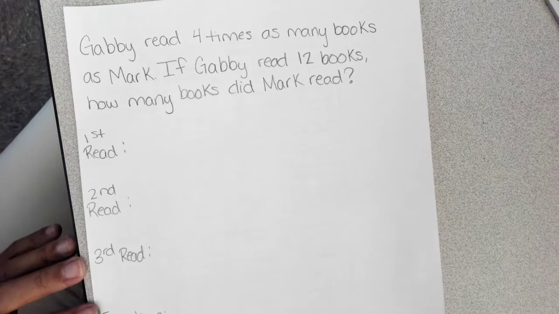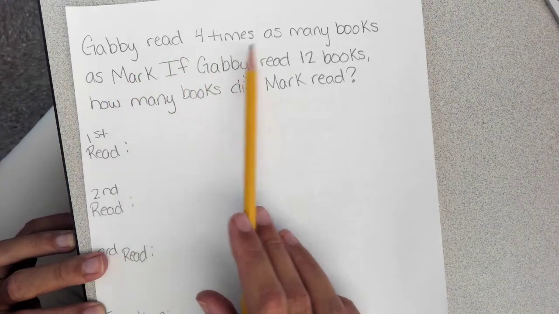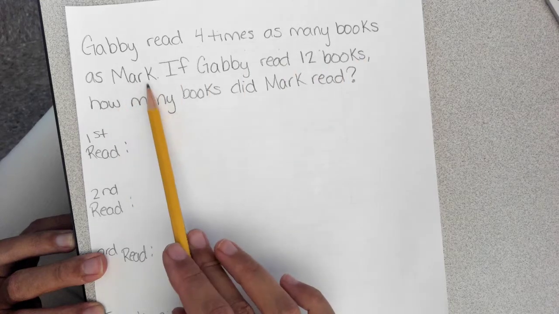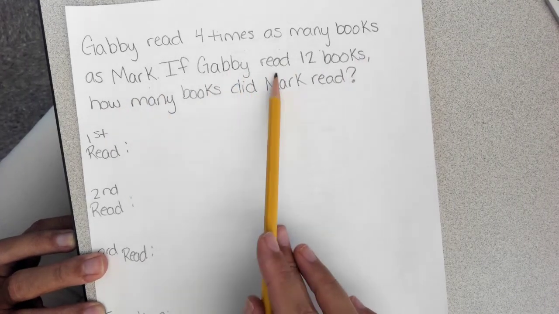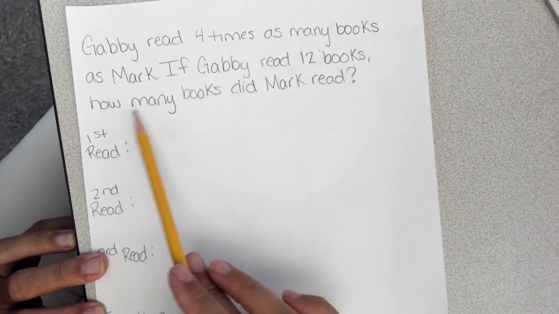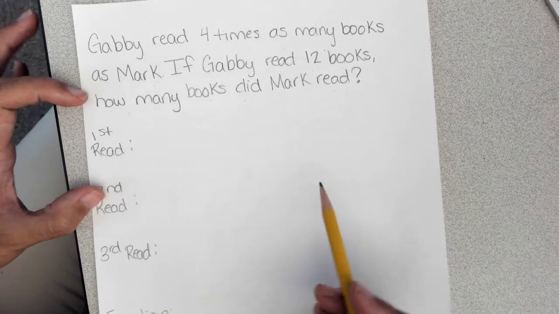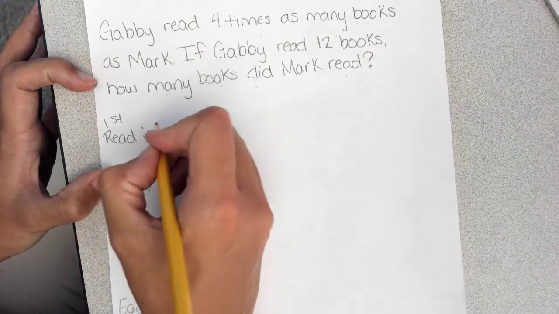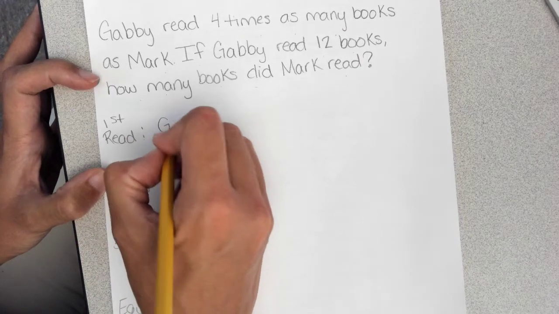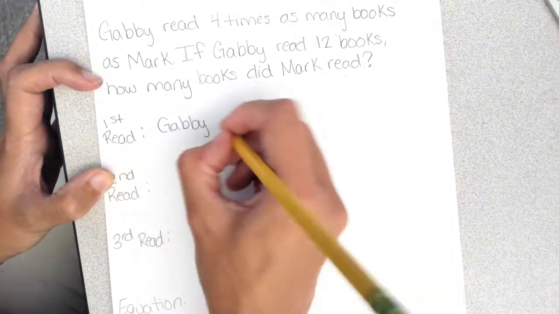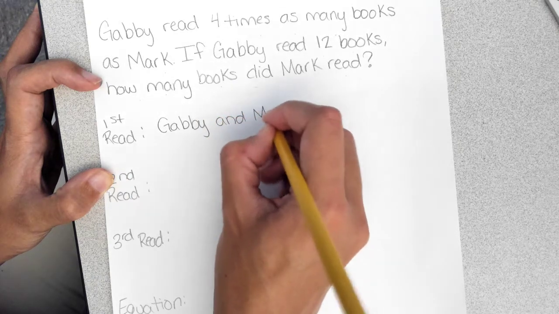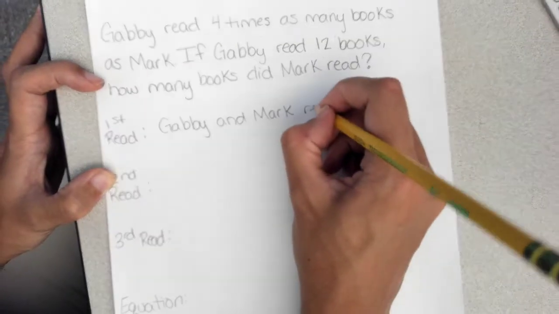So in this word problem, we have Gabby read 4 times as many books as Mark. If Gabby read 12 books, how many books did Mark read? So if we're going through our 3 reads, our word problem is still about Gabby and Mark reading books.